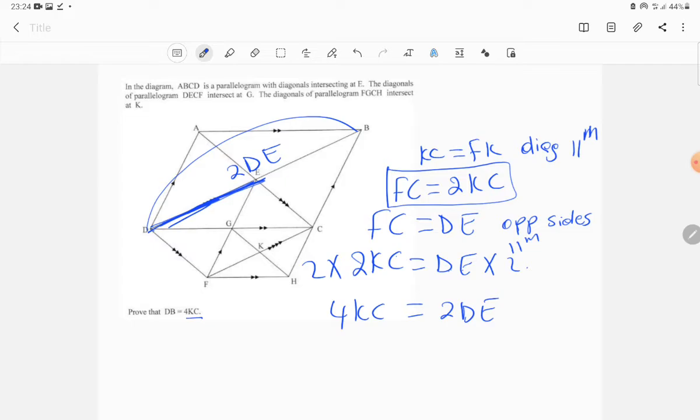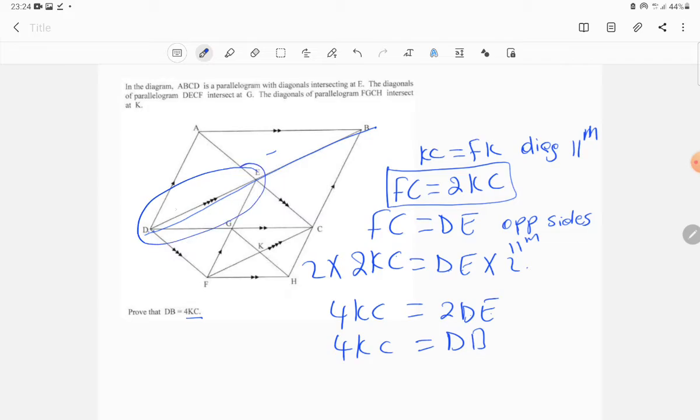This is one way of doing it anyway. So in the place of 2KC times 2, we have 4KC. Then in the place of 2DE, I can just put DB as a whole, because DB, this whole thing, is the same as repeating this one twice.